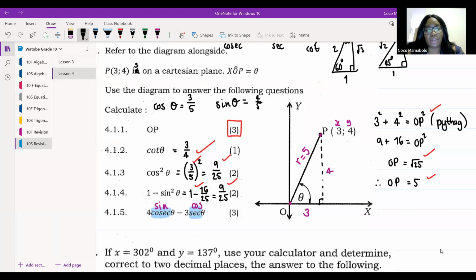Remember that BODMAS is very important, guys. Not quite. Have a look again, guys. Be very careful with your answer.